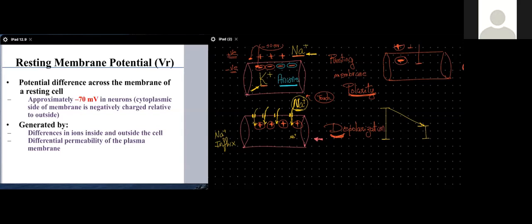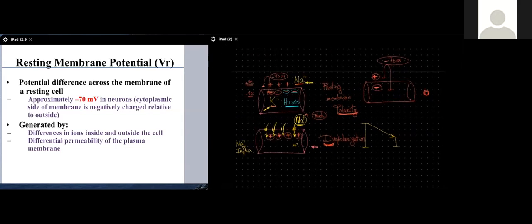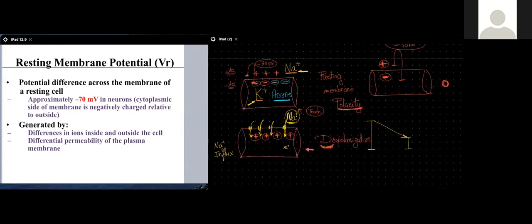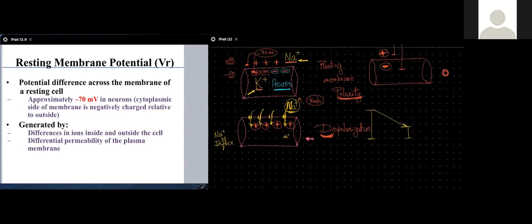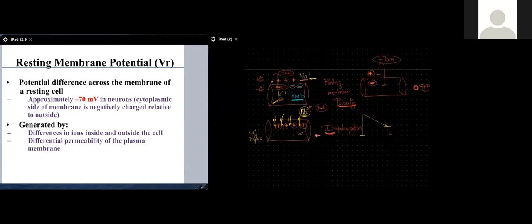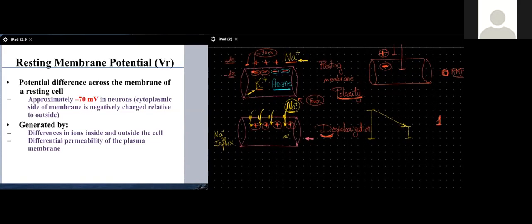Sodium. So I started by having a 0. This is my resting membrane polarity. And now I've got my 1 in here. I've got a signal that is conducted along the cell membrane. This is my depolarization.